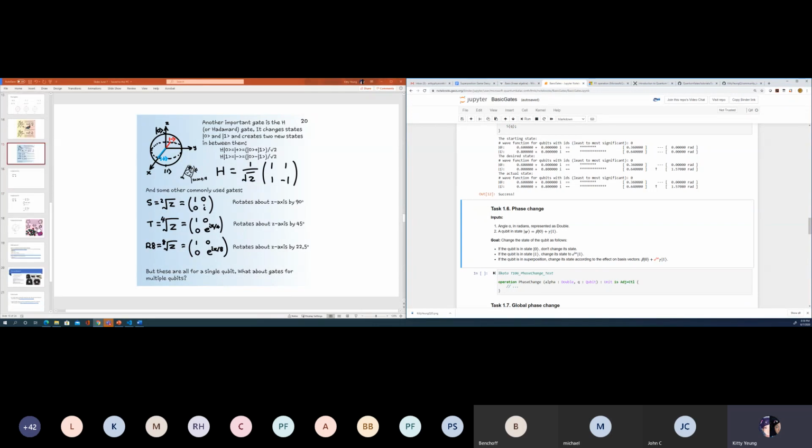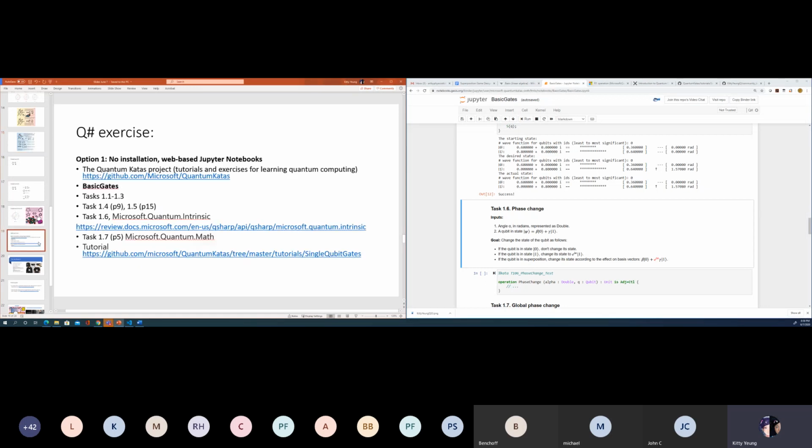The point of the exercise here is not to get to the answer, but to show you how you can work on your own to find information that you need. So for task 1.6, you actually need to go to this documentation on the Microsoft Quantum Development Kit page.